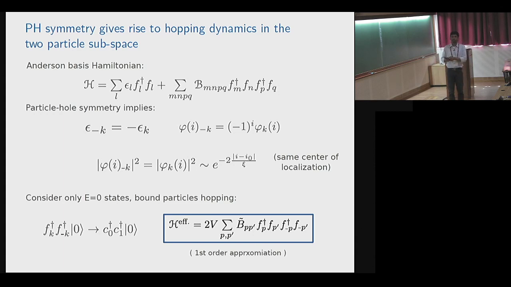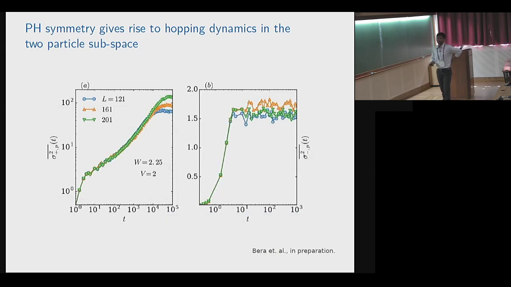I will project my Hamiltonian onto this 2-particle bound state. So I will just consider 2 particles, start with this state, and monitor what happens to these states in the setting where you have nearest-neighbor interaction. This is what has been plotted. Sigma plus is the center of mass, and this is the difference coordinate.